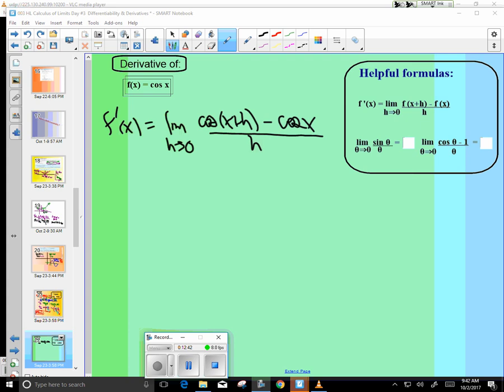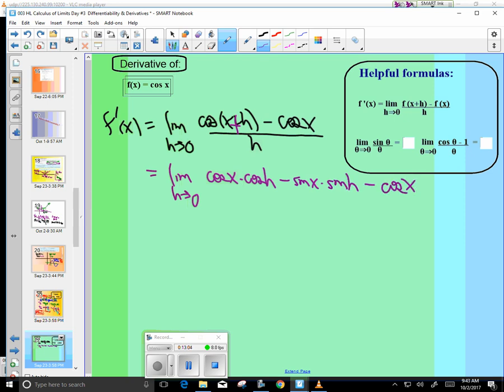Now most people would be afraid and fearful at this point, but not you, because what's your big move here? CC, cosine x, cosine h. This is a plus. This will be a minus sine x, sine h, minus cosine x, all over h.